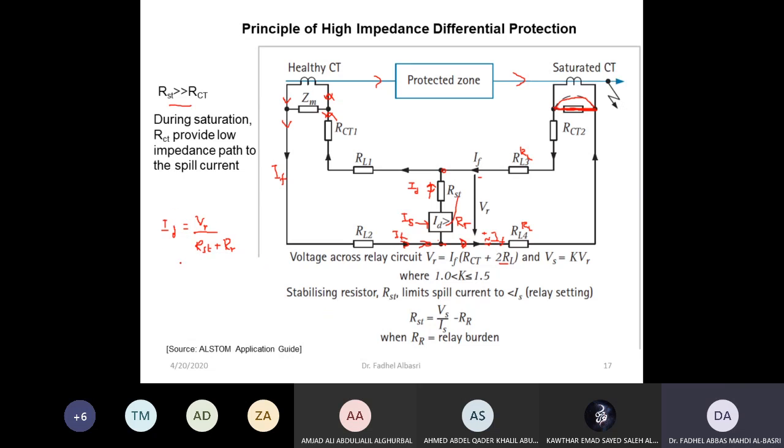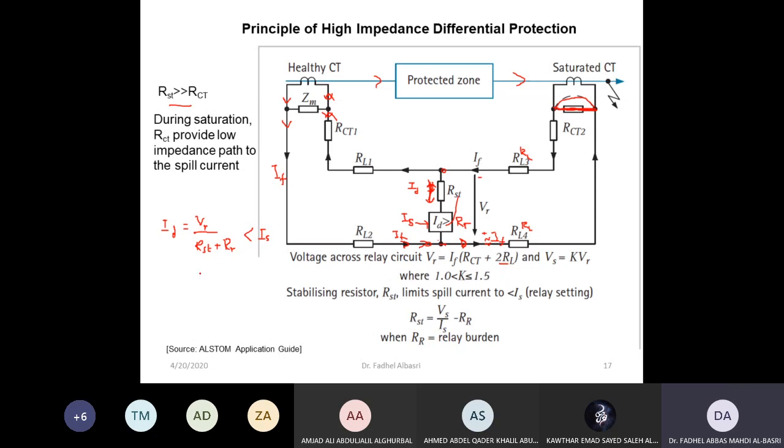Okay. Now, I don't want the relay to operate under these conditions. I want the differential current that will flow, in this direction or the other direction, doesn't matter, to be less than IS, the setting current. So I want this to be less than I setting for the relay not to operate.